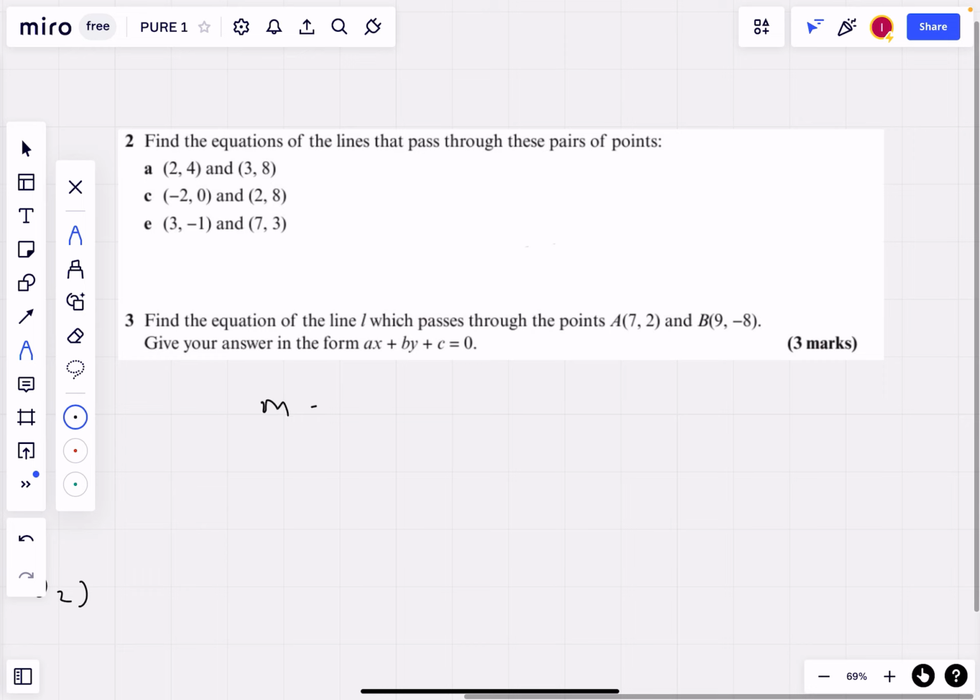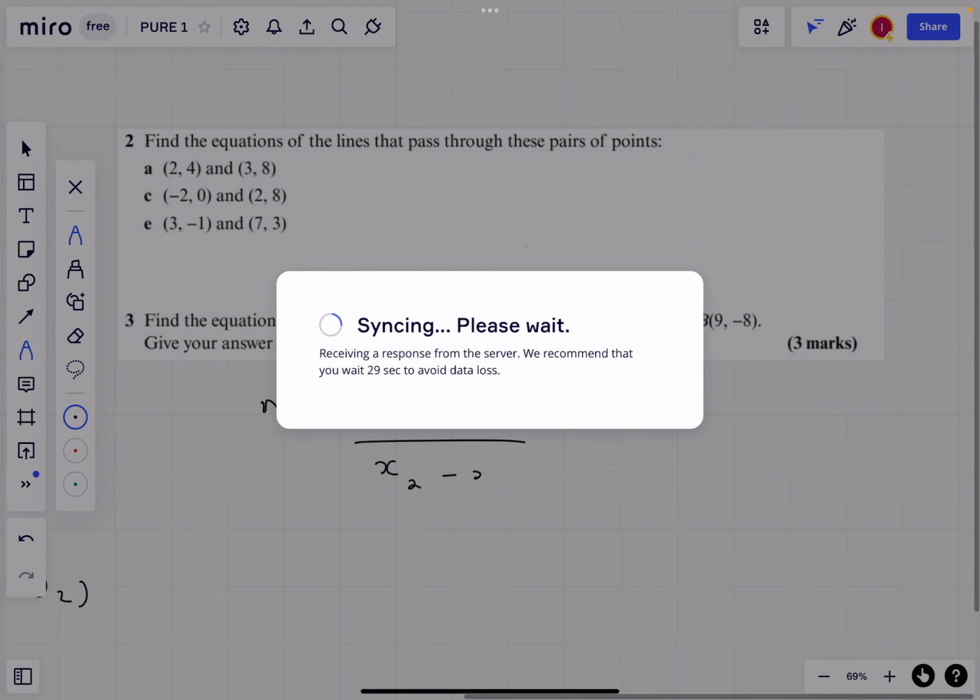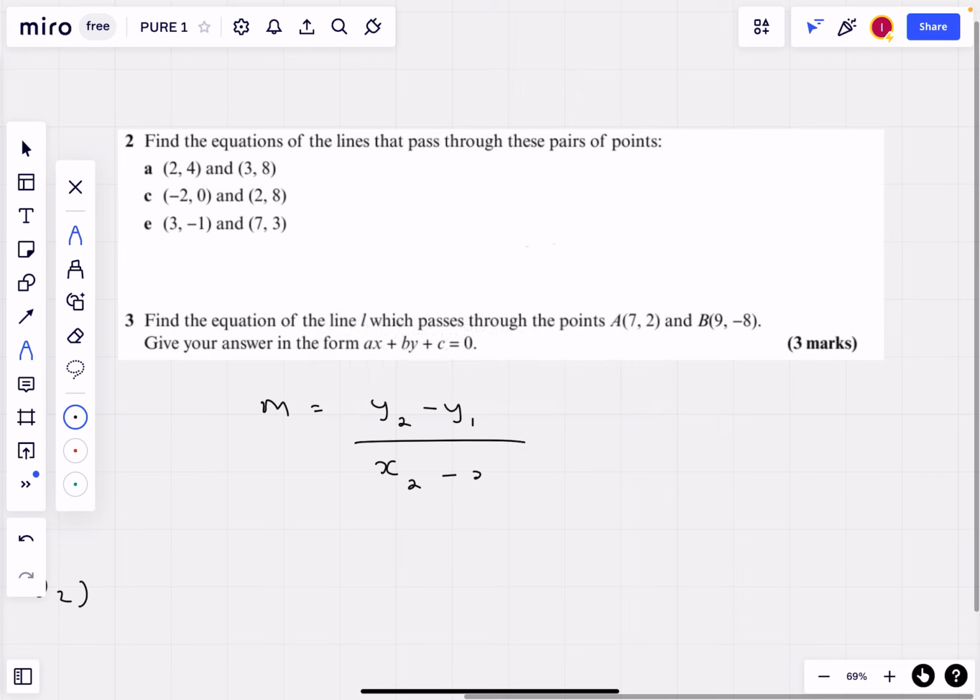So to work out the gradient, you do y2 minus y1, which is your change in y, over x2 minus x1.